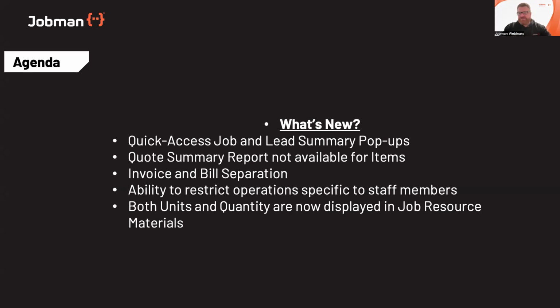Another massive functionality improvement, or really usability improvement, is quote summary reportings are now available for item. This has been a big requested feature, something that was always on our roadmap. We managed to find some time to get that finished and happening in the software. And there's a number of ways again now with which you can achieve the same result, providing more validity.